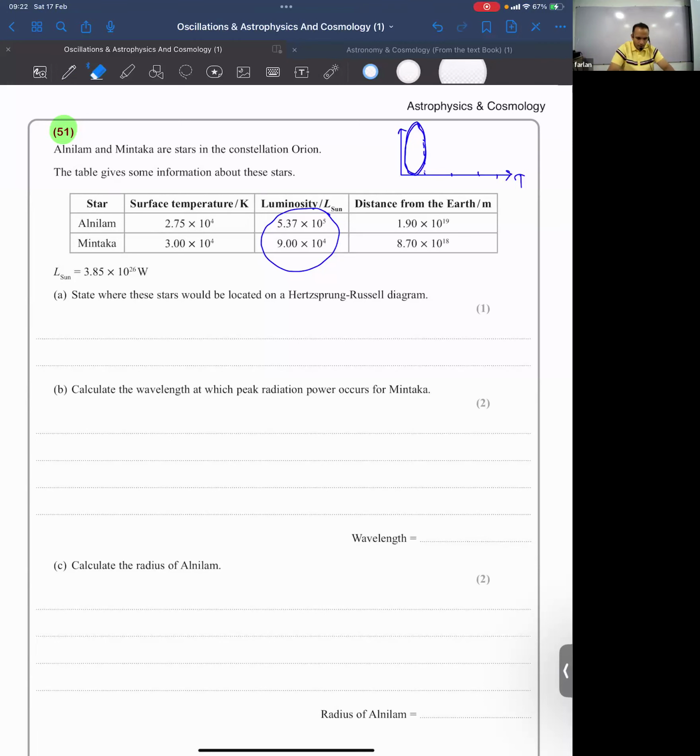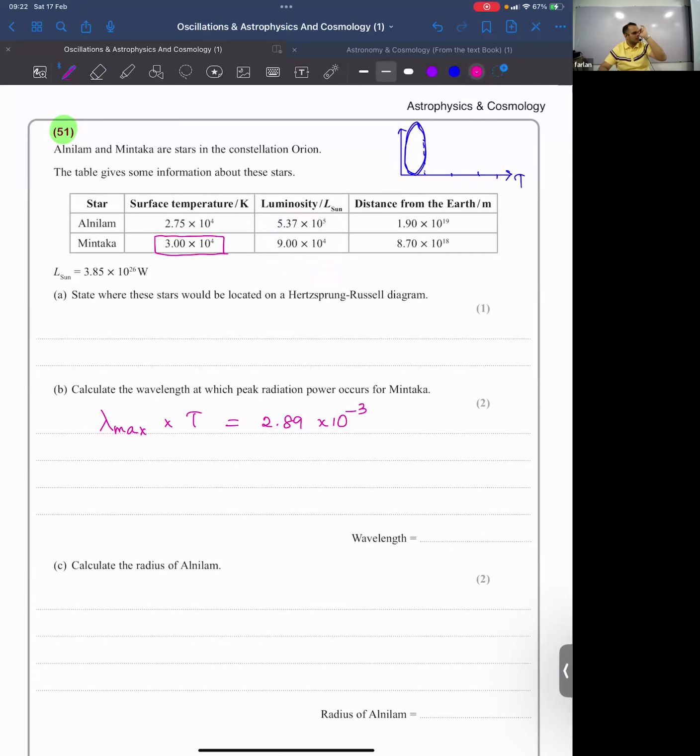Calculate the wavelength at which peak radiation power occurs at Mintaka. So, guys, Mintaka has a surface temperature of 3 into 10 to the power 4. We know that lambda max into T is equal to 2.89 into 10 to the power minus 3.